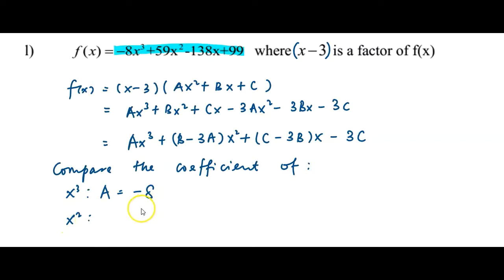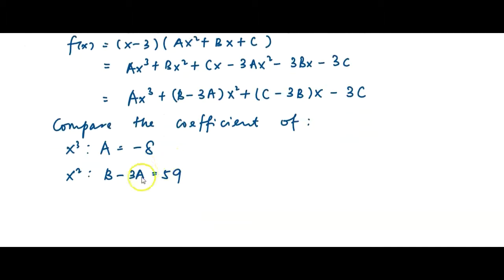After that, I compare the coefficient of the x squared. Here I have b minus 3a. That is my coefficient of the x squared, and the function given is 59. So putting a as negative 8 into this equation, in order to solve for b, you have b equals 35.